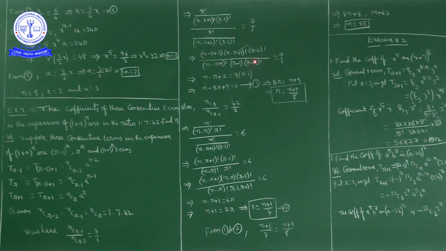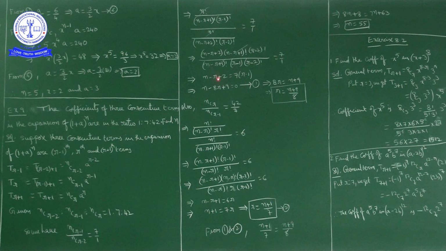What is the advantage? (n-r+1) factorial in numerator and denominator cancel, and (r-2) factorial in numerator and denominator cancel. So we have (n-r+2) upon (r-1) equal to 7 upon 1. Cross multiply: n-r+2 is equal to 7 into (r-1).